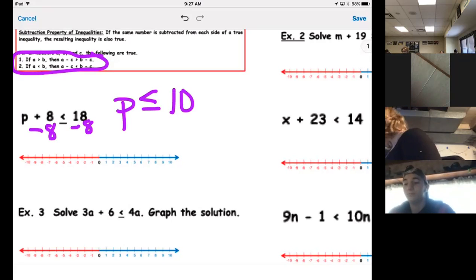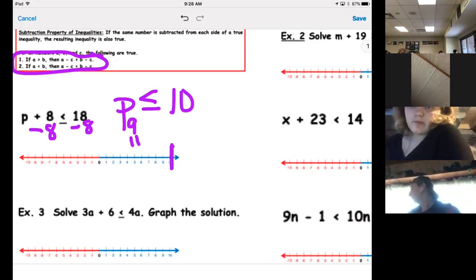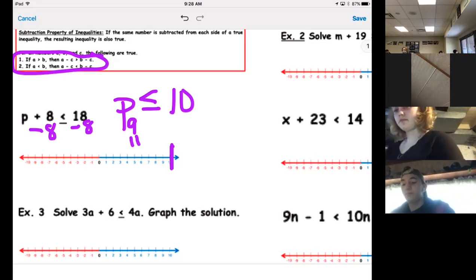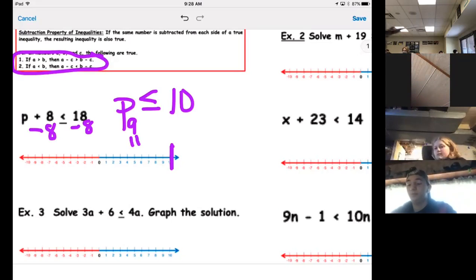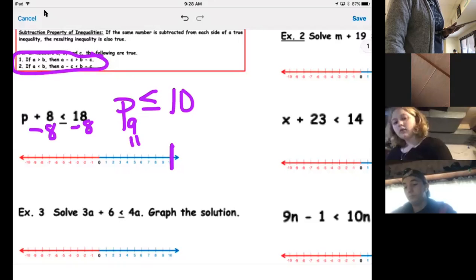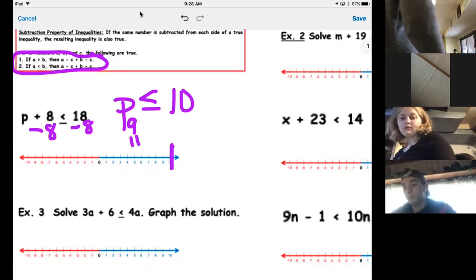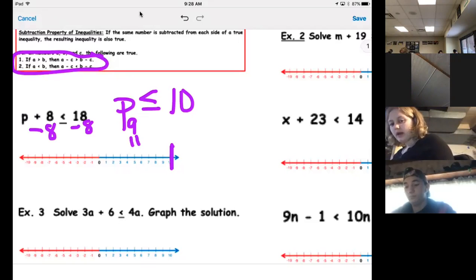All right, now we can actually use this graph that I had. 10 is on our graph. Here's 10. Is 9 going to make that true, or is 11 going to make that true? Maddie, which one is going to make that true? 9. So let's go to the left.